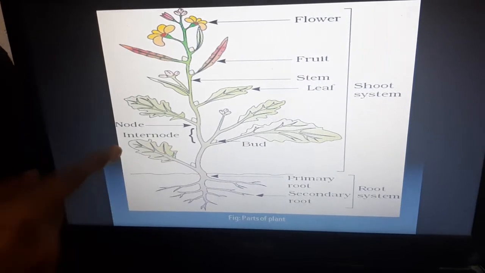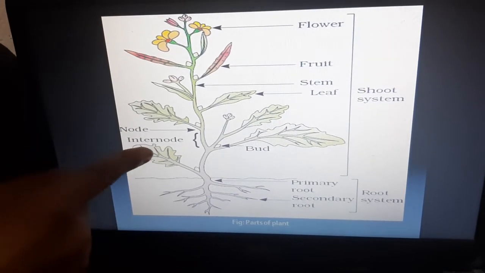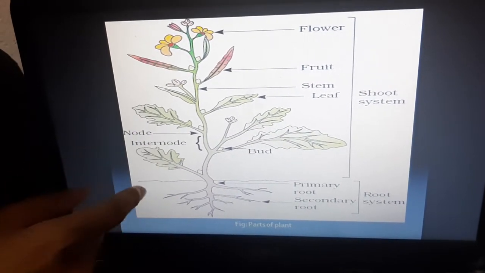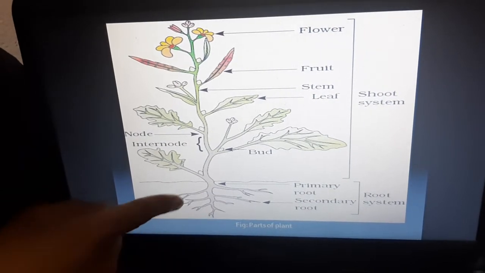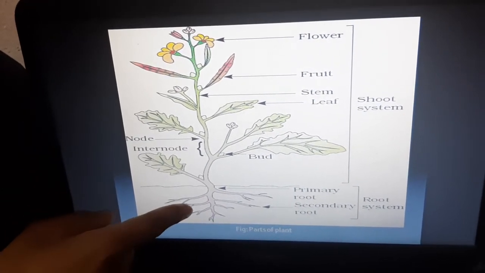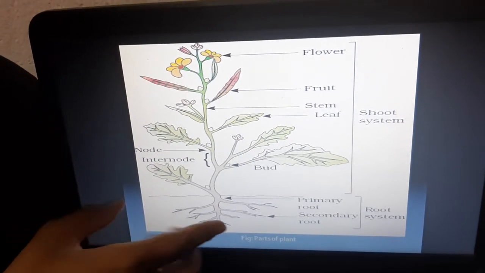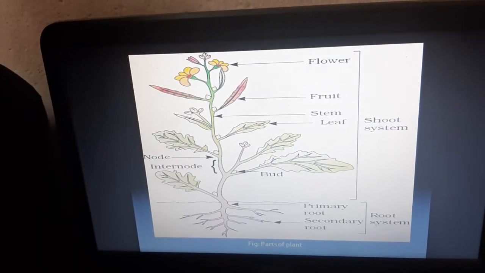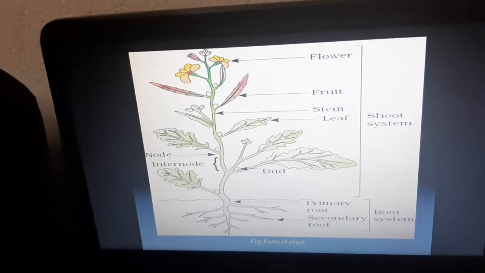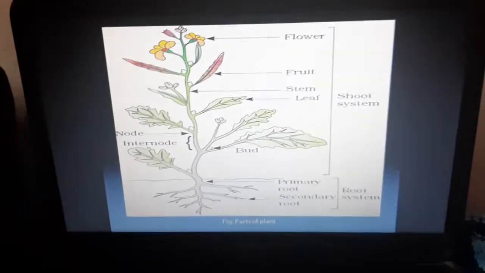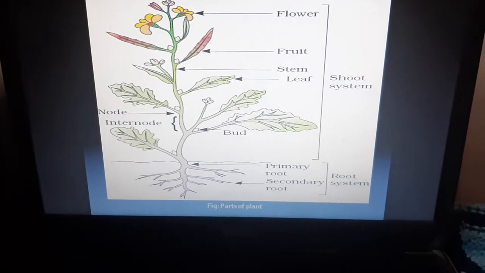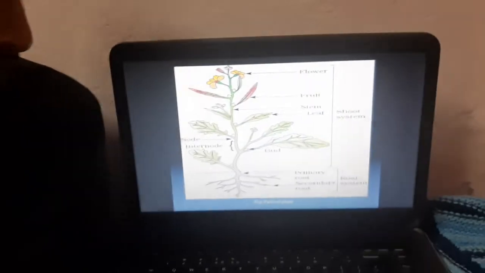Node and internode are the middle parts of the plant. These are the roots of the plant, which help support the whole plant and mainly suck out water from the soil. So this whole diagram is of the plant, and different parts we can use as food.